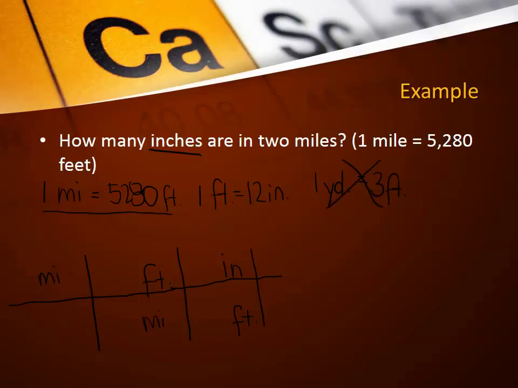So, now I put in my numbers though. 2, 5,280, 1 mile, 12, and 1. When I multiply all those together, I get 126,720 on top, and 1 on bottom. When I divide those, I get 126,720 inches. And that's my answer.